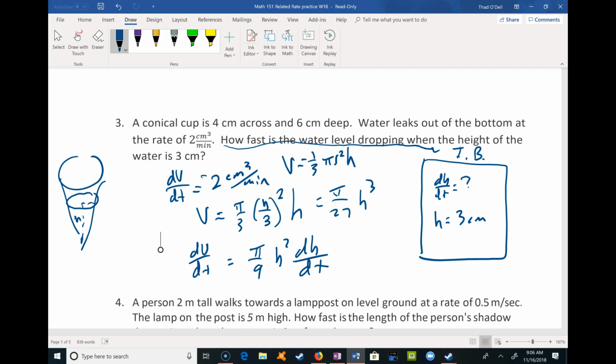H squared times h, h cubed. No, that h is one h. Remember, we replaced r with h/3. So then we squared it, we got h squared. H squared times h cubed, square root of 3, got 9. 9 times 3 is 27. And then that's it.